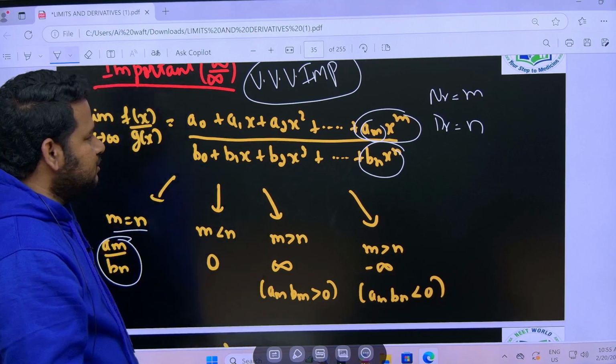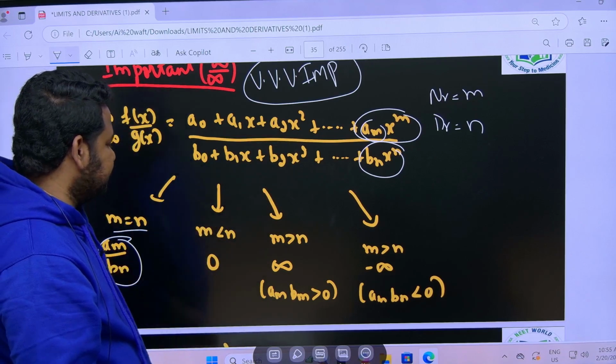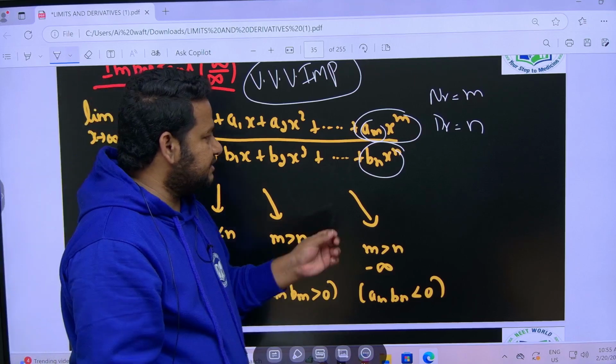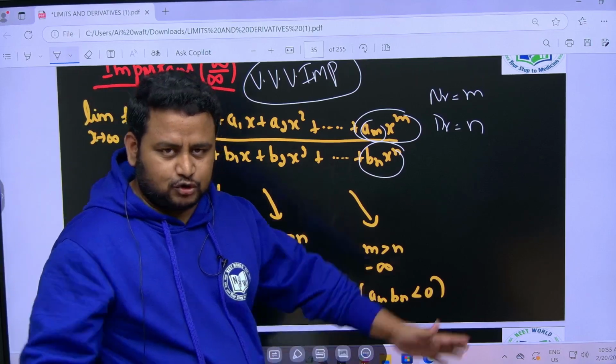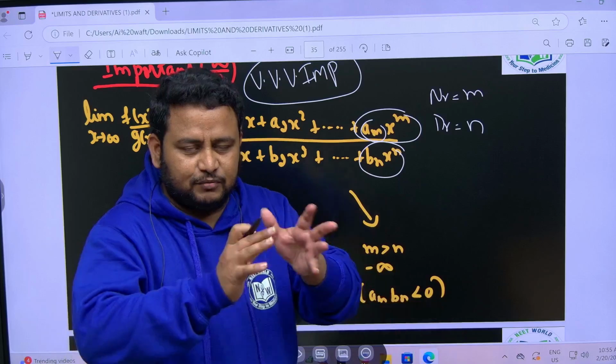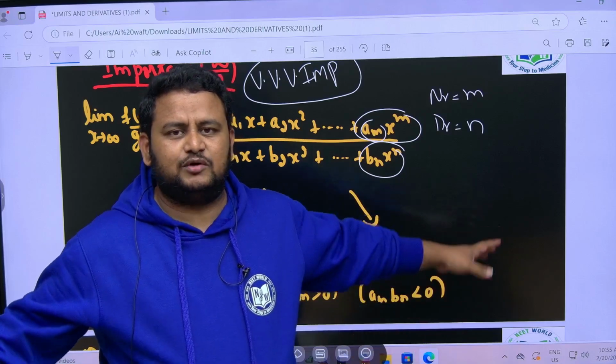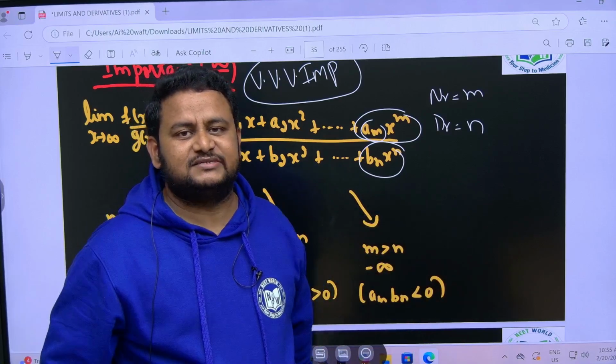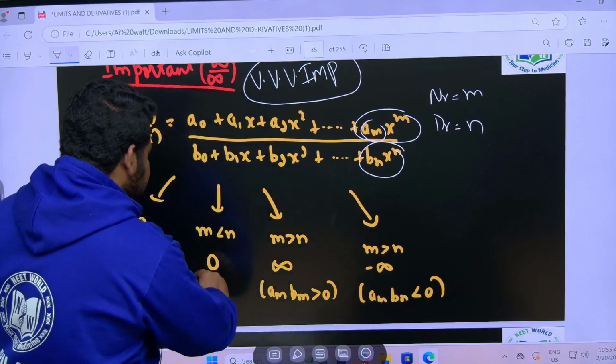That is the value. Suppose if m is less than n, that is n will be greater. n will be so big that if the numerator is divided by such a large denominator, you will get the value as 0. That is what is written.